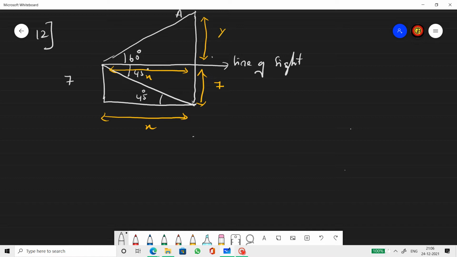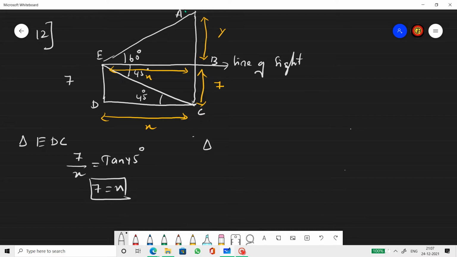You can take it however you want. A, B, C, D, and E. Now first taking triangle EDC, in which 7 by x equals tan 45. So x is equal to 7.